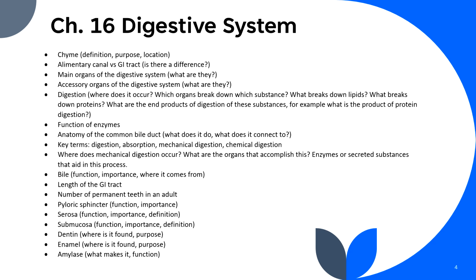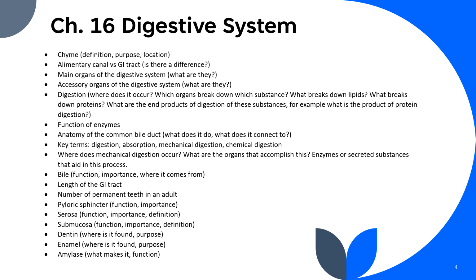The main organs of our digestive system, what are they? As well as the accessory organs of our digestive system, what are they? We can see this on page 361.